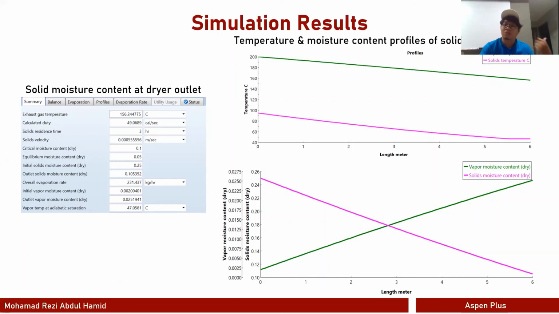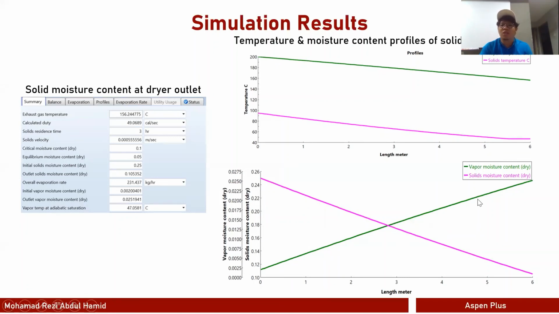I could be wrong, but you have to check it again. And that is the temperature profile for vapor phase going down. Solid temperatures also going down. It makes sense because it is a co-current mode of drying.